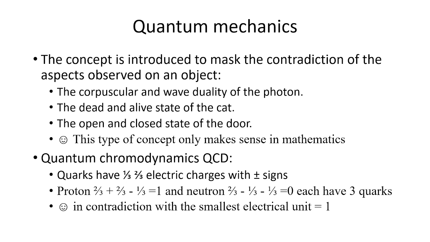Proton: 2/3 plus 2/3 minus 1/3 equal to 1. And neutron: 2/3 minus 1/3 minus 1/3 equal to 0. Each have 3 quarks, in contradiction with the smallest electrical unit equal to 1.